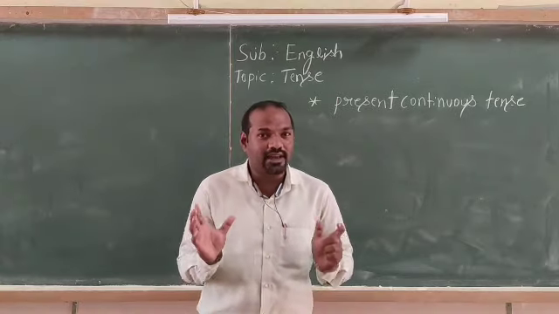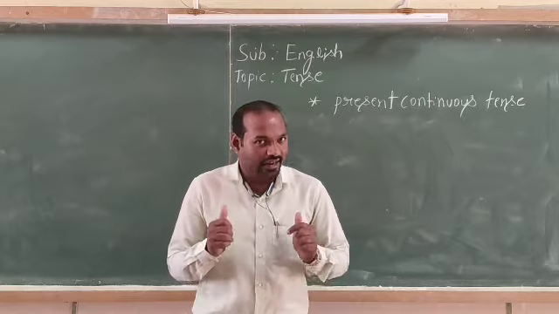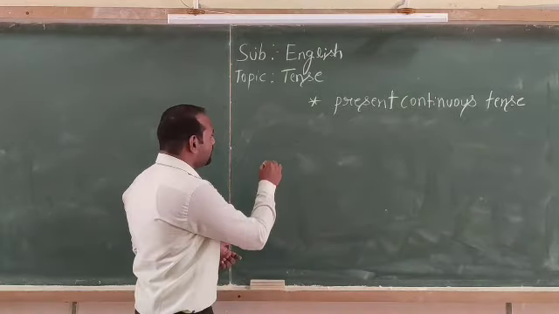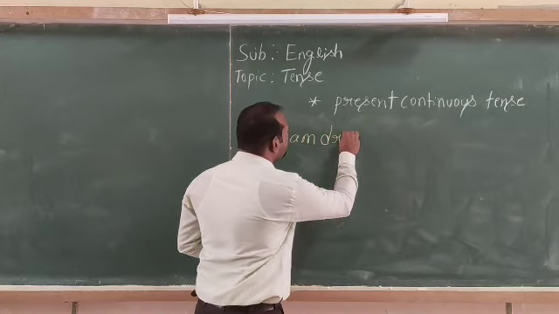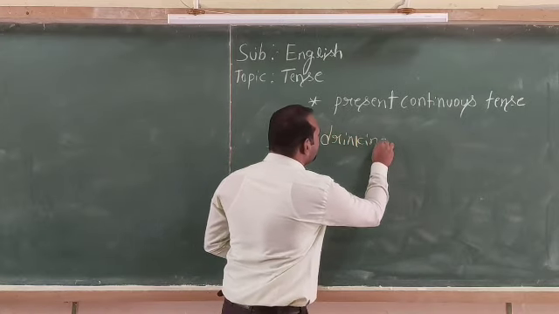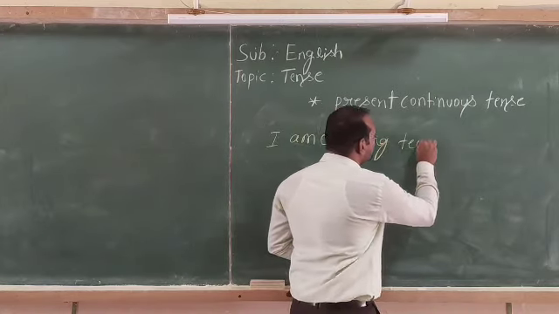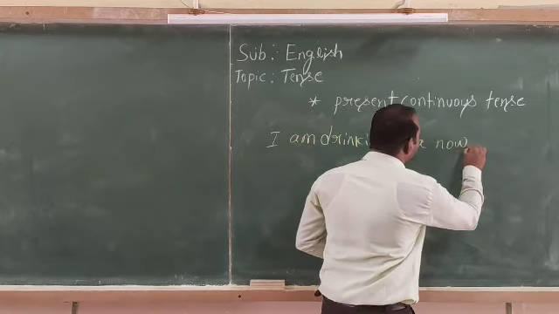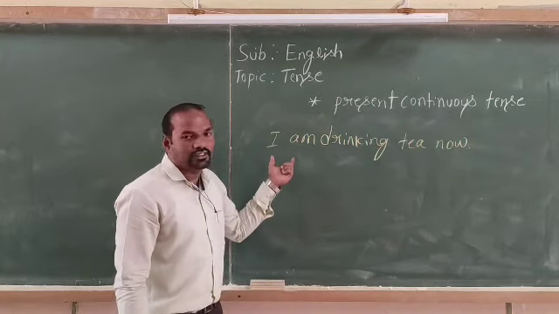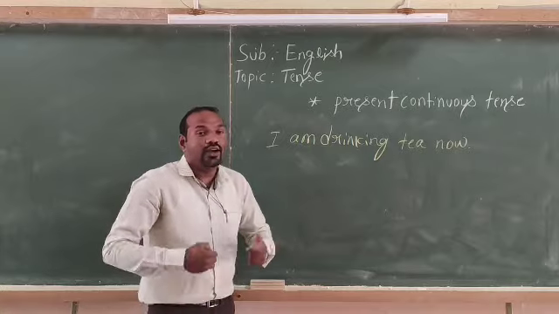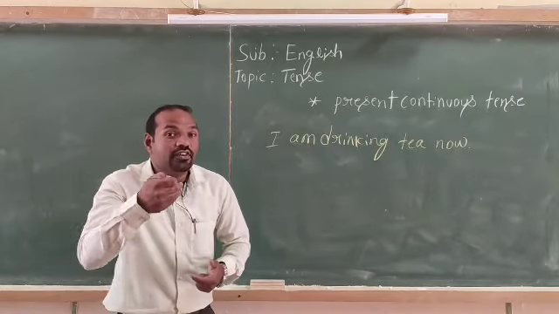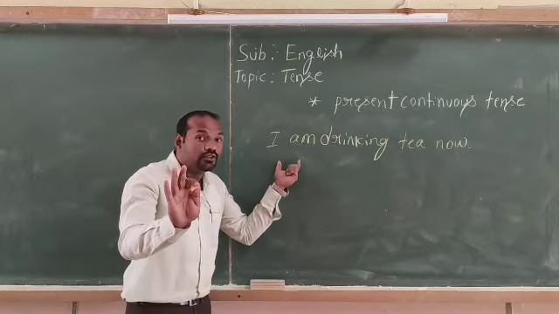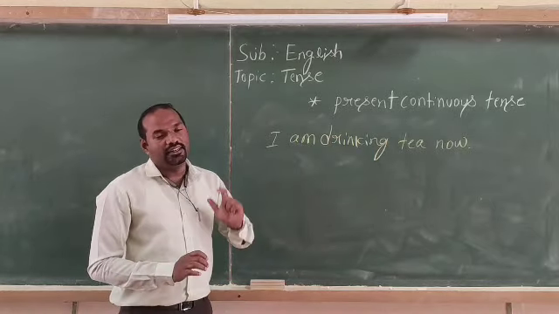For example, just imagine I am drinking tea right now. So look here, I write: I am drinking tea now. This is the first usage of the present continuous tense, to express present actions at the time of speaking.